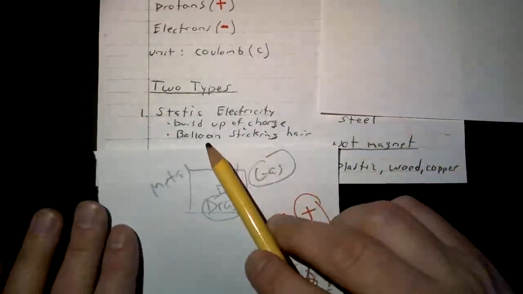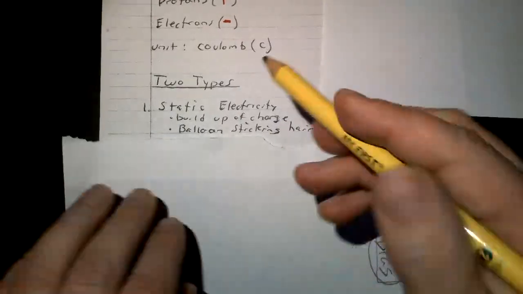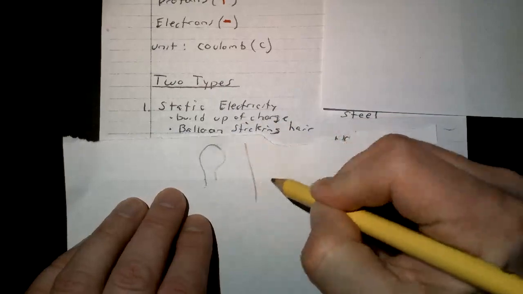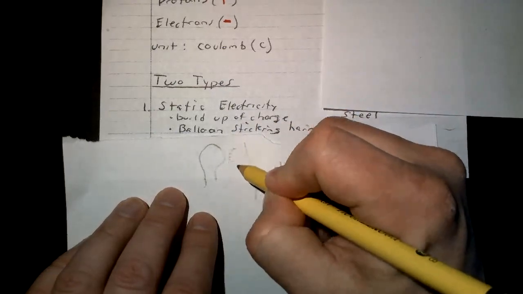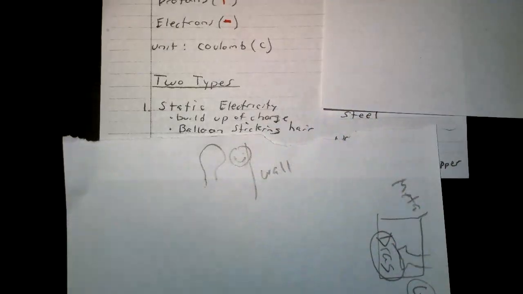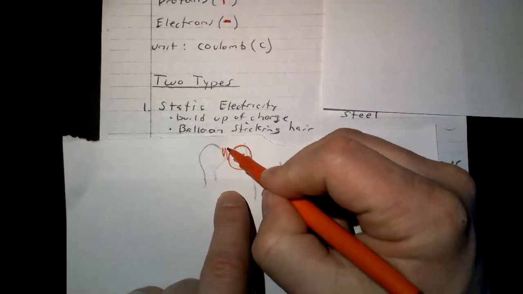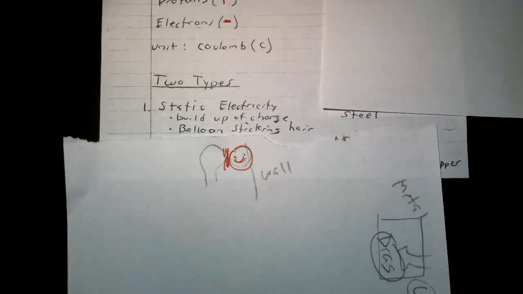But anyway, if you take an old fashioned balloon that you blow up, and you've probably done this before, and you have a wall. Here's a wall, and here's your head. If you rub the balloon on your head, your hair is transferring electrons.